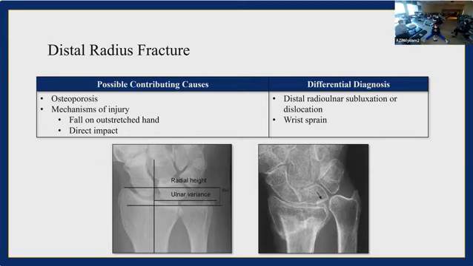I do want you to appreciate the picture on the bottom left. You have normal anatomy here, where you have the radius extending past the ulna in this AP view. If you take the line, the top line says radial height, and then the bottom line is the ulnar height, you have that space in between, which is considered your ulnar variance, the difference between the height of the radius versus the ulna.